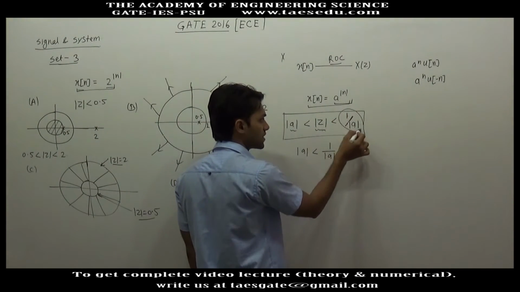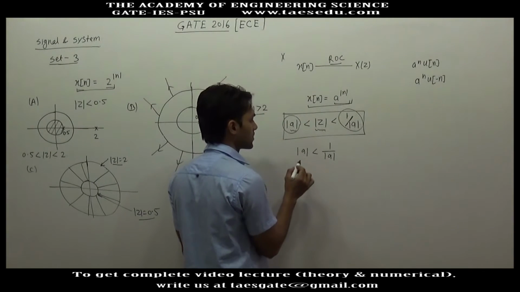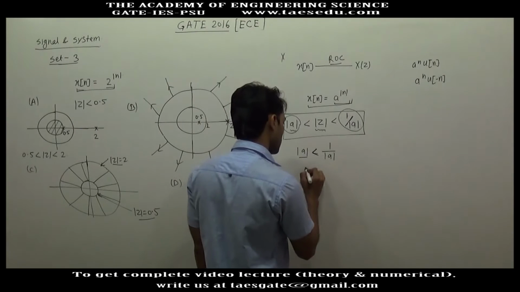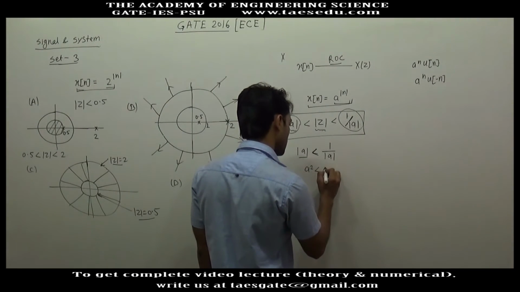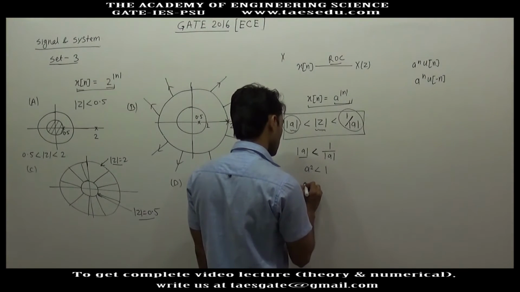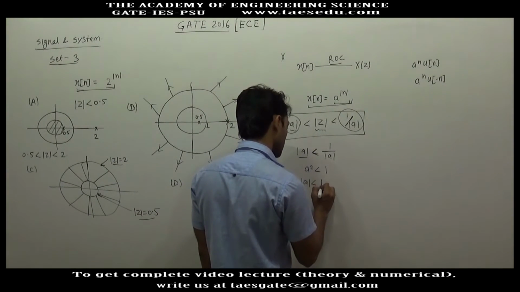So this quantity is the greatest, this is the least. So the least quantity has to be less than the greatest quantity, and for this a square has to be less than 1, or modulus of a has to be less than 1.